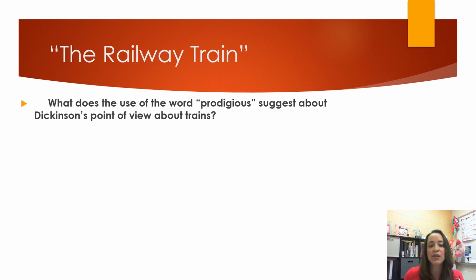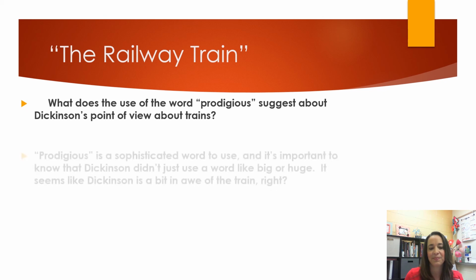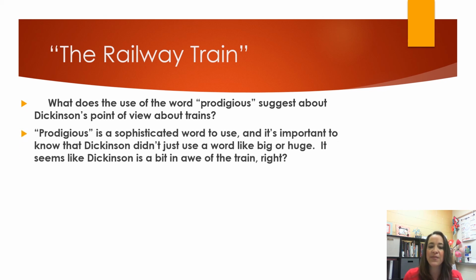What does the use of the word prodigious suggest about Dickinson's point of view about trains? Prodigious is a sophisticated word to use, and it's important to know that Dickinson didn't just use a word like big or huge. It seems like Dickinson is a bit in awe of the train, right?